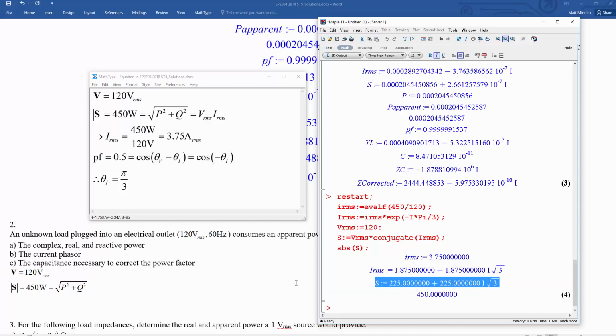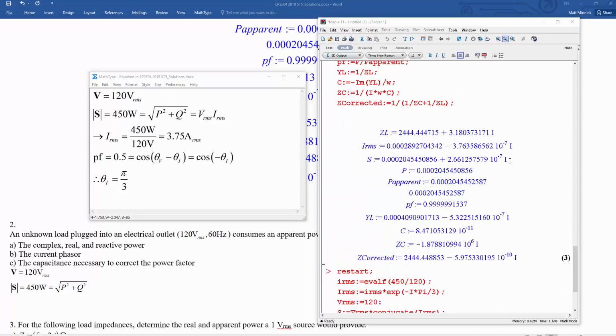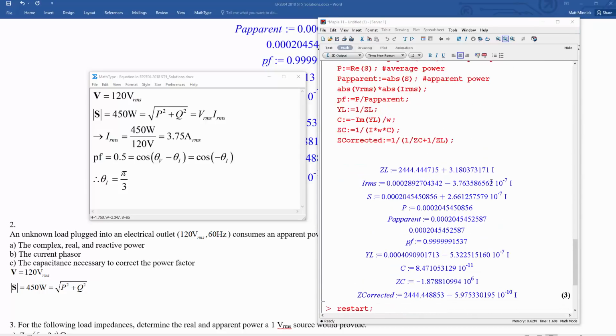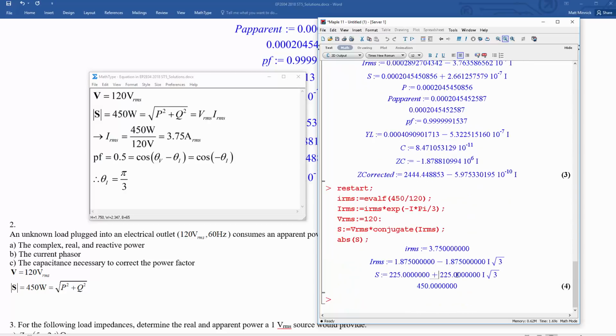Now we've got the correct setup here. Notice, as last time when we had an inductive load, the one that would give you a lagging power factor, we have a positive reactive imaginary power there, and that's the same kind that we have here for a lagging power factor.